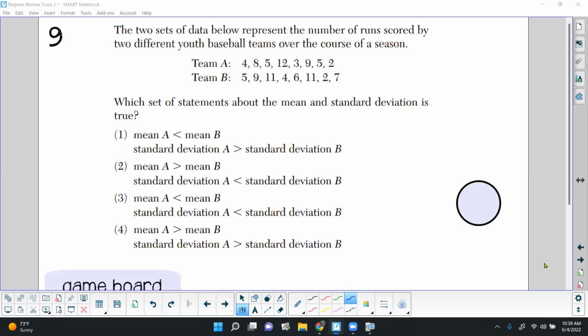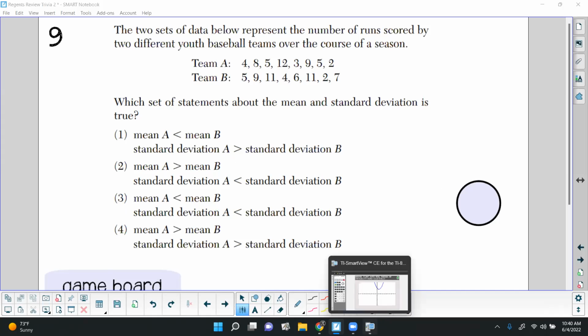And you should be using a calculator. You could find the mean yourself by adding up all of these digits and dividing by how many you have. You could certainly do that and then start eliminating.